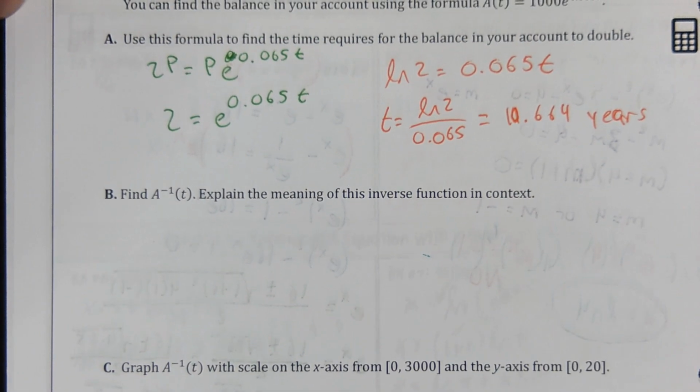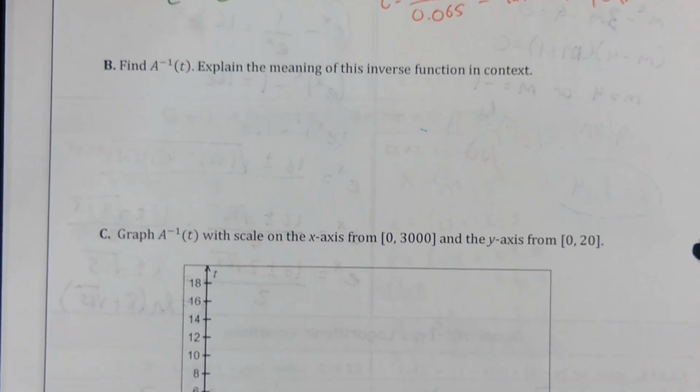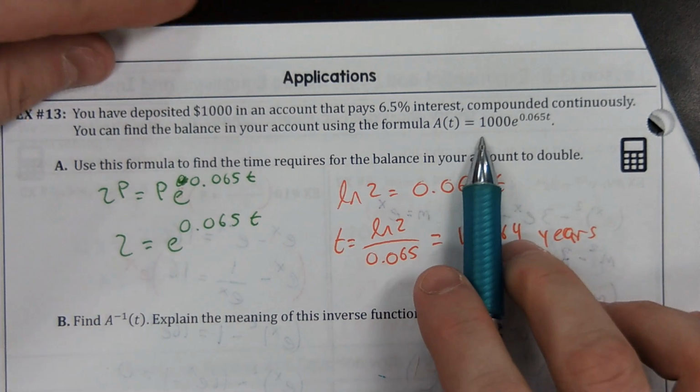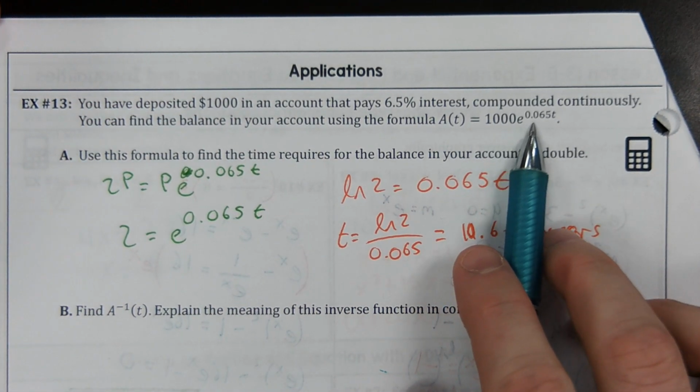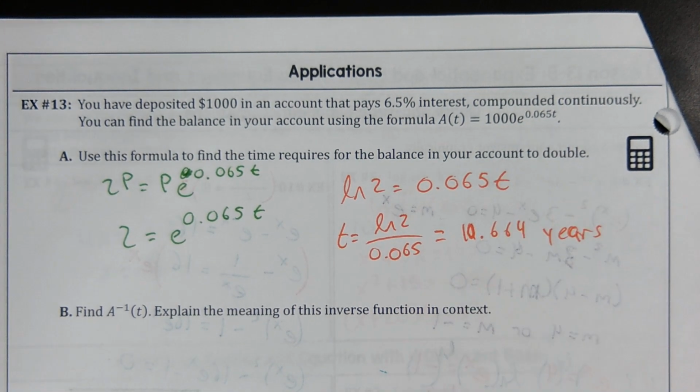This one says find A inverse. Well, I guess we should probably find A of t first, right? We know, oh, it's up above. We know A of t is 1000 e to the 0.065t. Finding inverse, what's the very first thing I need to do? Switch our x and y. Yes. Now, our x is actually t, and our y is actually A of t.